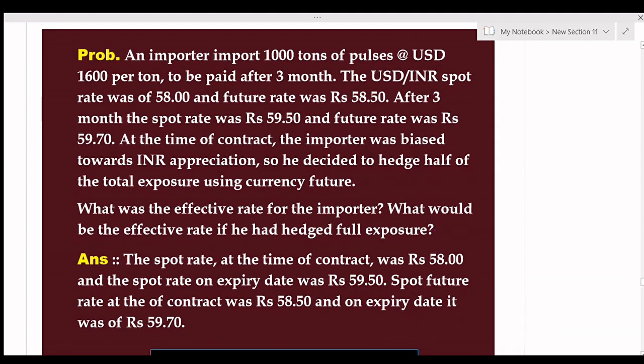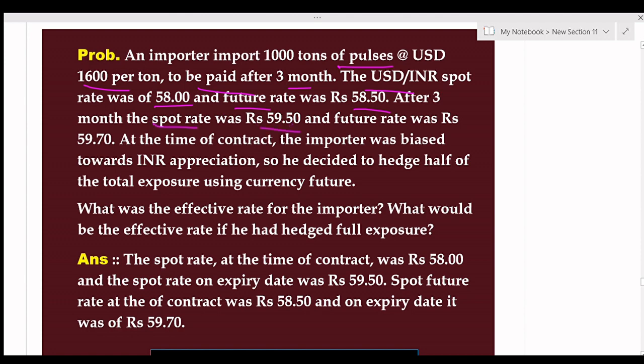An importer imports 1000 tons of pulses at the rate of USD 1600 per ton, to be paid after 3 months. The USD INR spot rate was rupees 58 and the future rate was rupees 58.50. After 3 months, the spot rate was rupees 59.50.